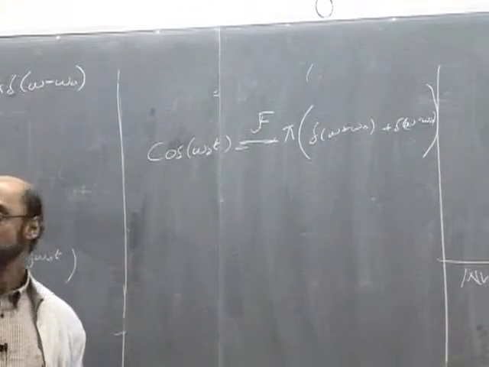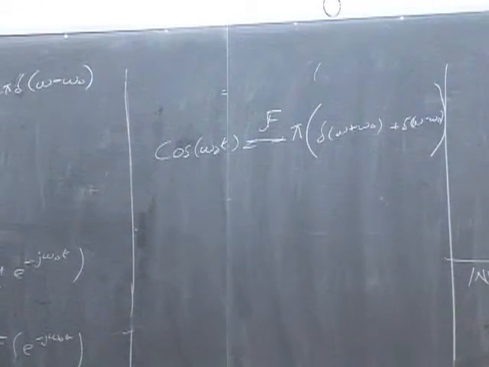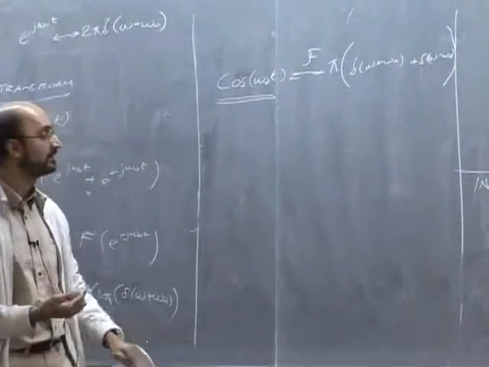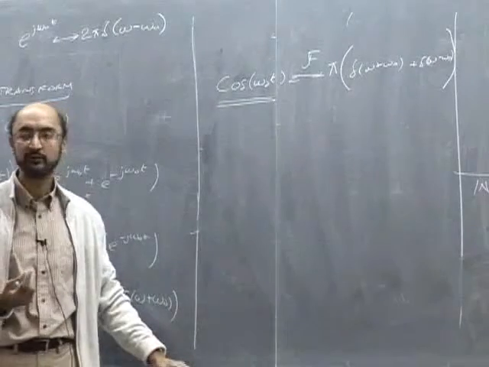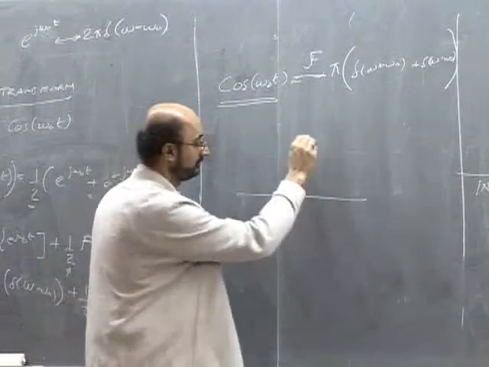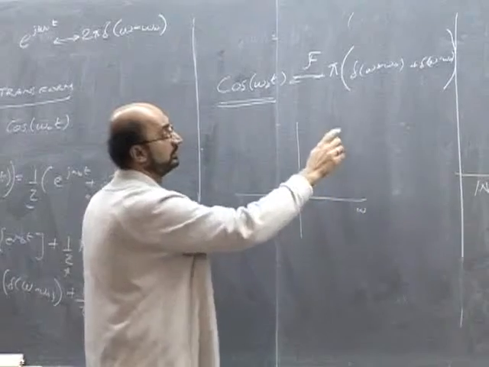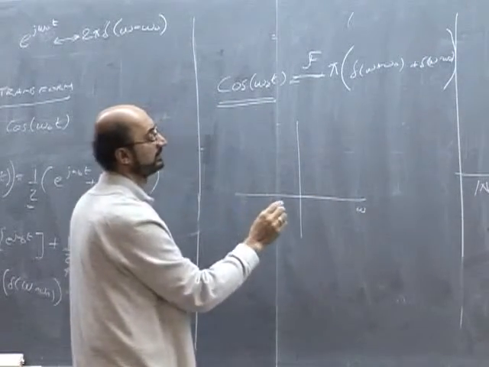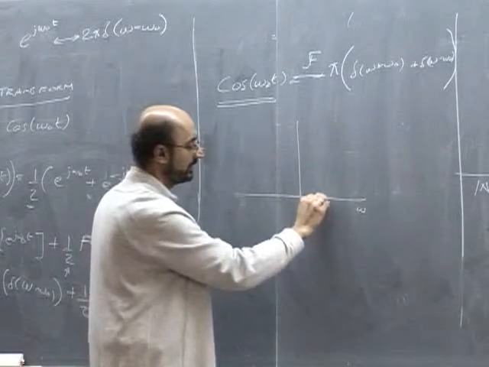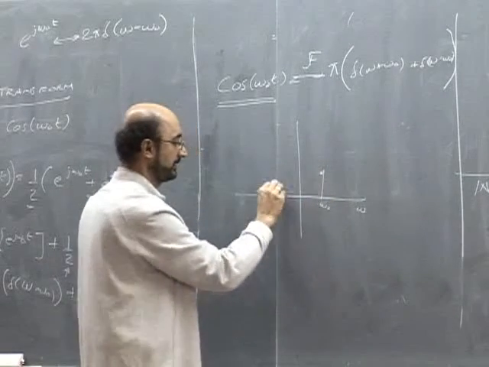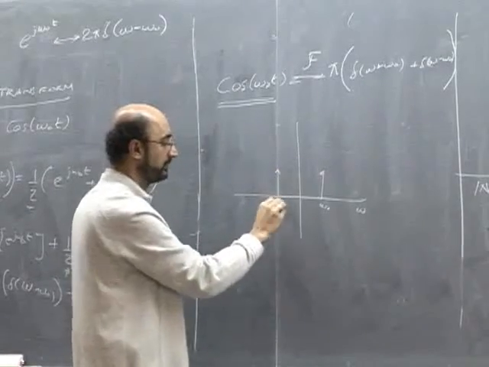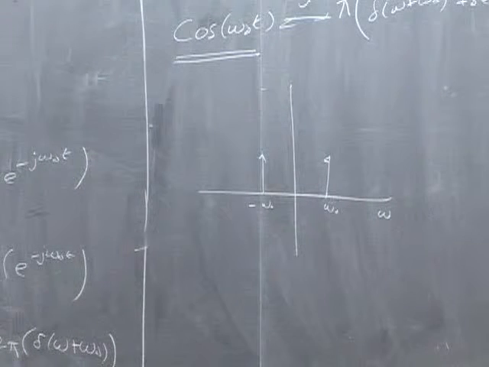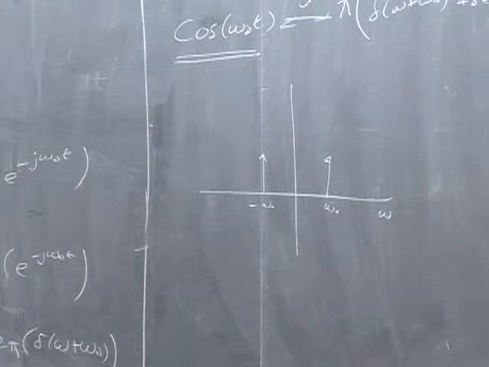The way to think about it is that when you have a sinusoid, we can think of it as being generated by two phasors. Looking at these two terms, omega plus omega naught and omega minus omega naught, these are delta functions at minus omega naught and plus omega naught. Remember, we write a delta with the arrow pointing up, so these are two impulse functions in the frequency domain.